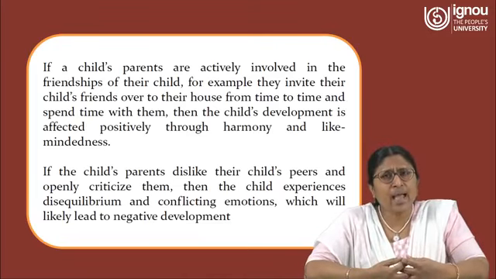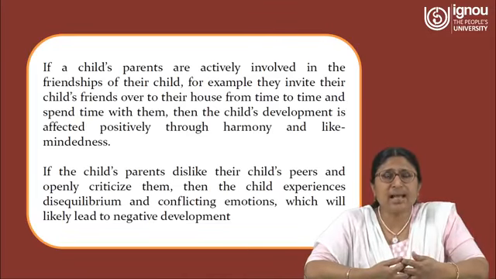Here we have to note that if a child's parents are actively involved in the friendship of their child, for example, they invite their child's friends over to their house from time to time and spend time with them, then the child's development is affected positively through harmony and like-mindedness.